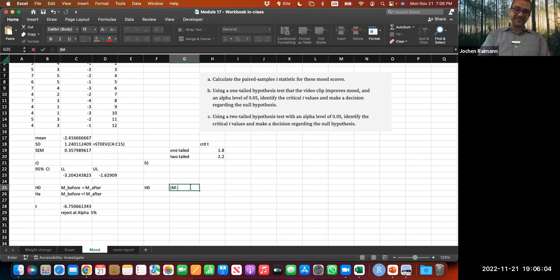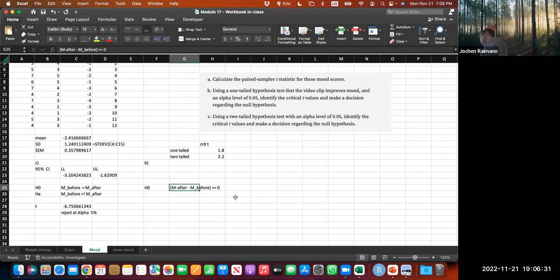Okay, mood before, mood after minus mood before. If it's lower, it's better. So basically that would mean it would need to be negative. So we are saying now it's greater or equal than 0, right?